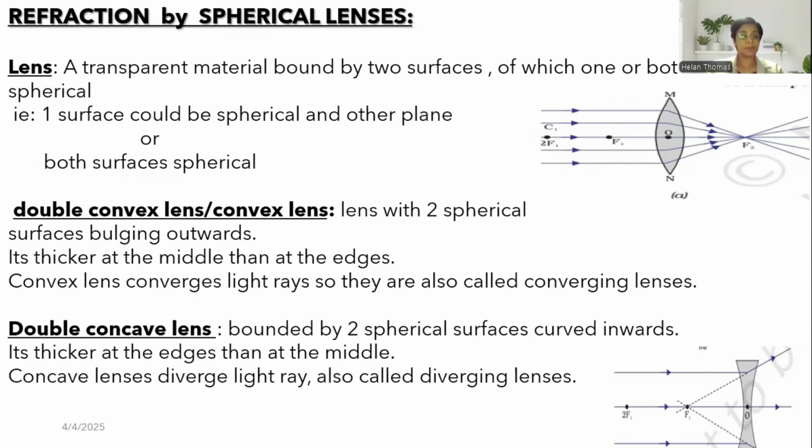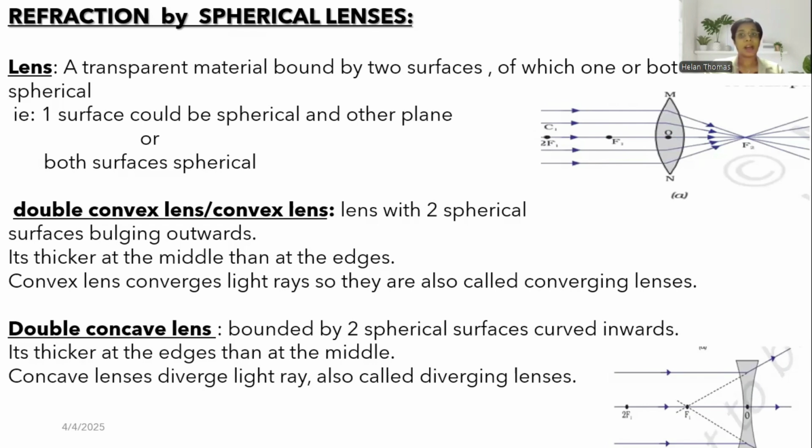A double convex lens, or simply convex lens, is a lens made of transparent material whose both surfaces are spherical surfaces that are bulging outwards.